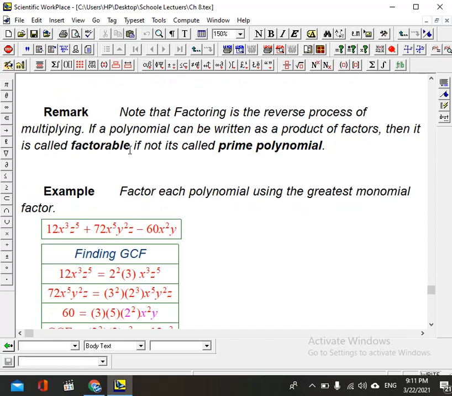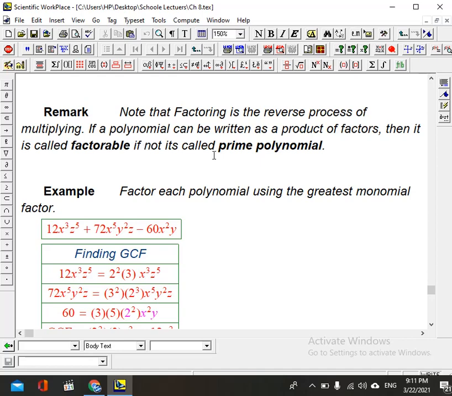Let me start to show how. But before that, I will give you this remark: you need to note that factoring is a reverse process of multiplying. Of course, it's the reverse way. If a polynomial can be written as a product of factors, then it's called factorable.